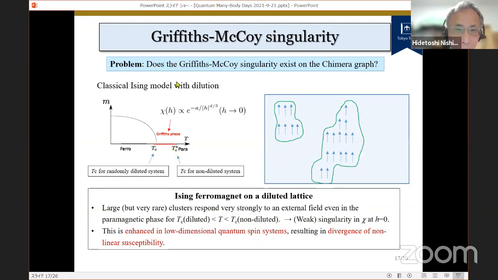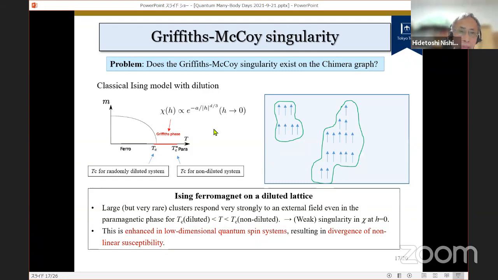But Bob Griffiths predicted in 1964 that even in this region between the critical point for this diluted system and the critical point for the non-diluted system, the system is not perfectly ferromagnetic, in the sense that the magnetic susceptibility as a function of the external field has an essential singularity at H equals 0.